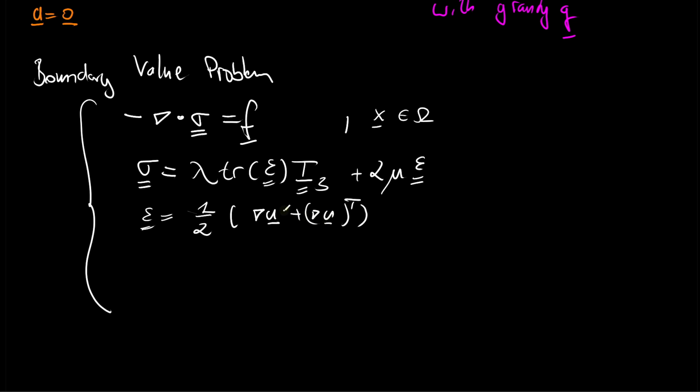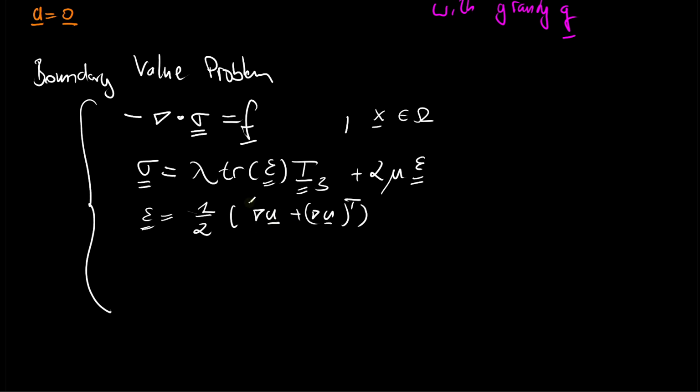And if we were to plug in the chain, so plug in the sigma into the divergence and then the epsilon into the sigma expression, you would see that we have 2 differential operators applying to u. So here we have the gradient, and then we would get a divergence, and this will turn our PDE into a second order problem because we have exactly two spatial derivatives on our primary unknown u.